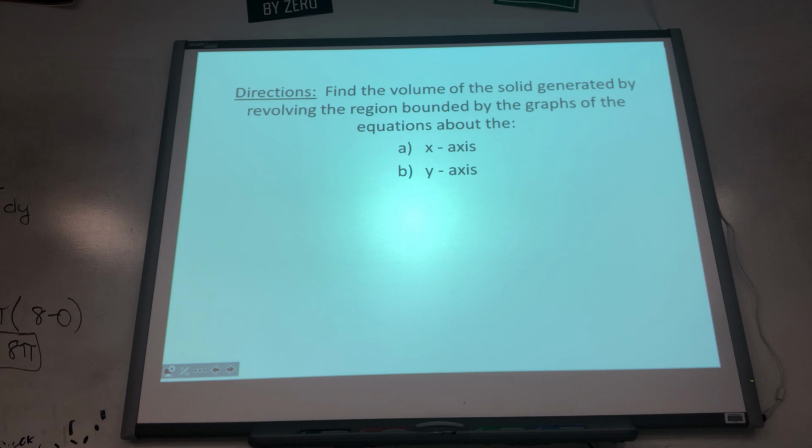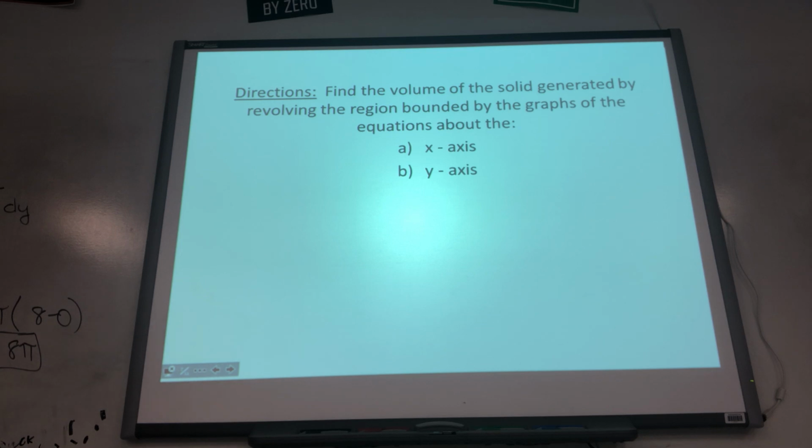It says find the volume of the solid generated by revolving the region bounded by the graphs of the equations about the, and part A, we're going to revolve around the x-axis.